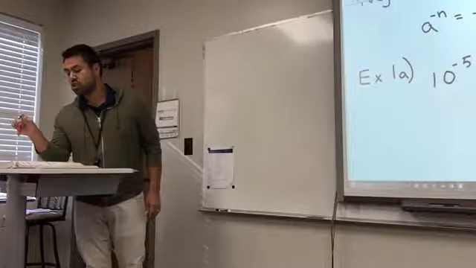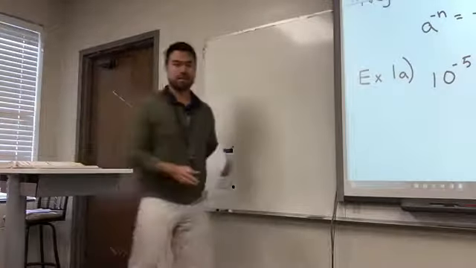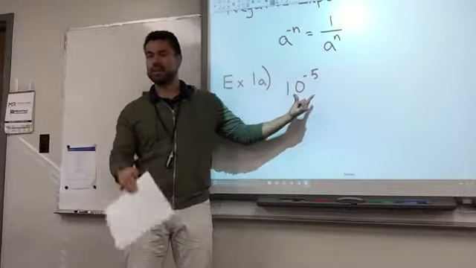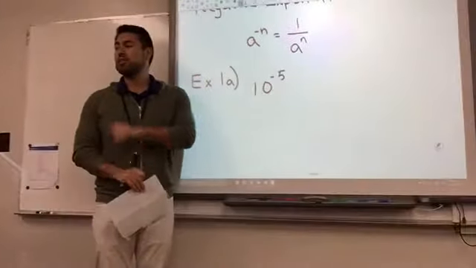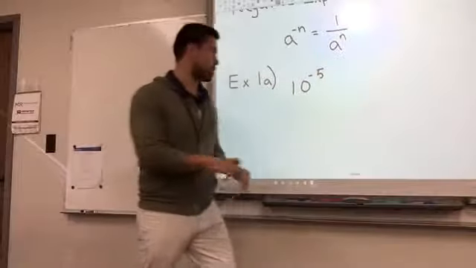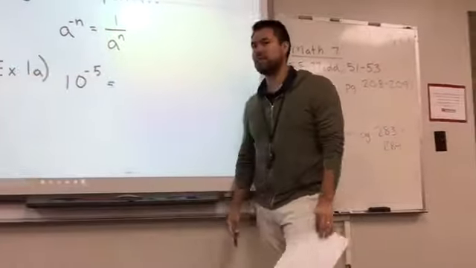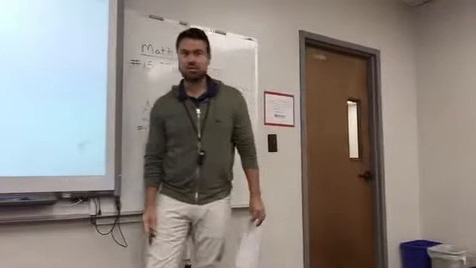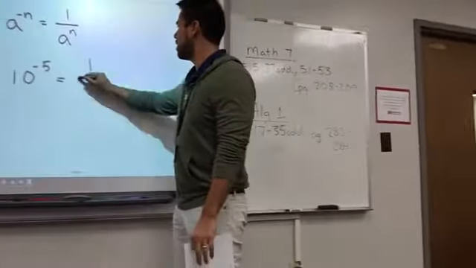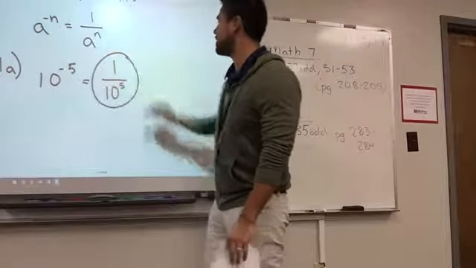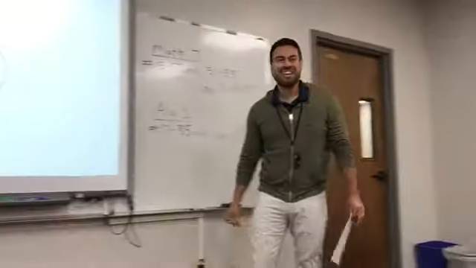Write each expression using positive exponents. So let me ask you right now, do I have a positive exponent? No. So I need to write it with a positive exponent. According to this definition, how would I write 10 to the negative fifth with a positive exponent? Jack? 1 over 10 to the fifth. That's correct.